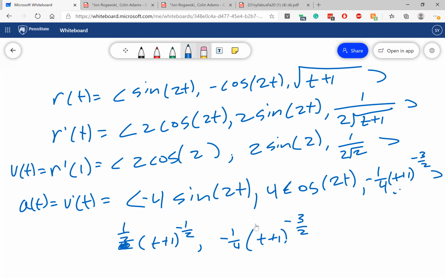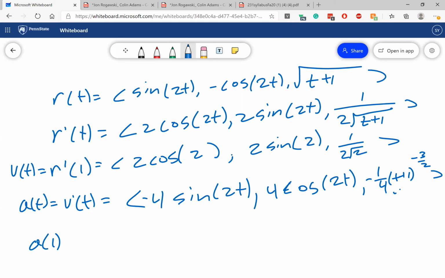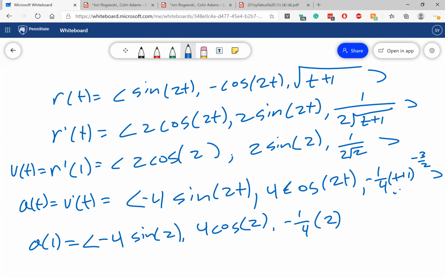That would be our acceleration vector. And our acceleration vector at 1, so a of 1, is going to be negative 4 sine of 2, 4 cosine of 2, and negative 1 over 4 times 2 to the negative 3 over 2.